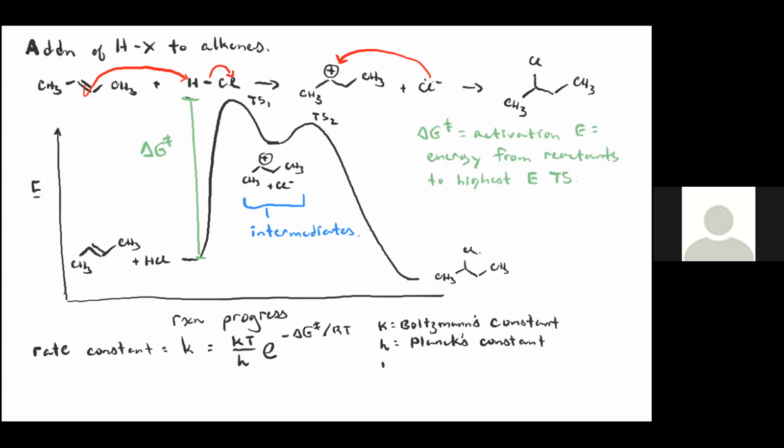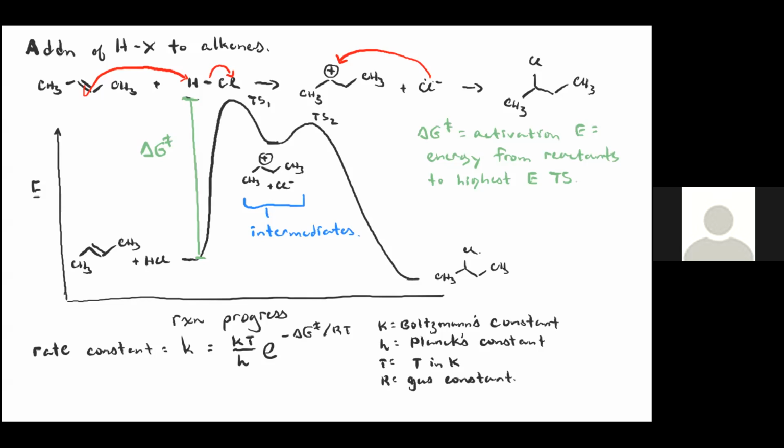T is temperature in Kelvin. R is the universal gas constant. Okay, and we just defined delta G double dagger, okay?